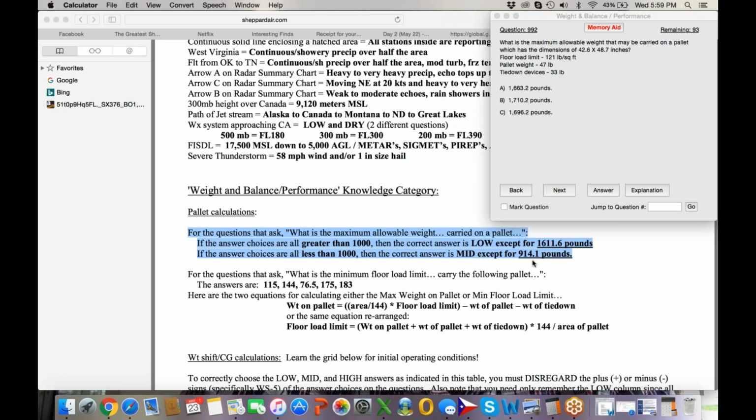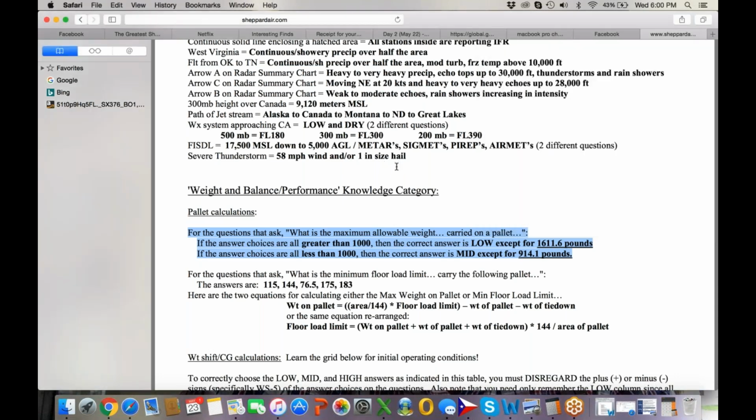Cool. When you see the 914.1 or the 1611.6, that's the answer. Okay. But yeah, this memory aid, super helpful.